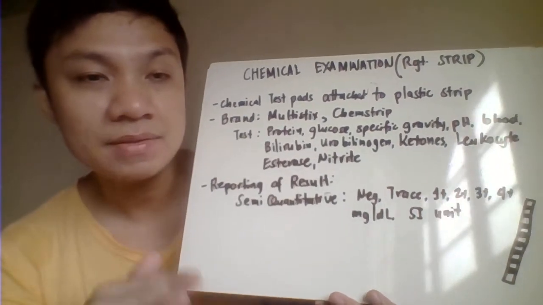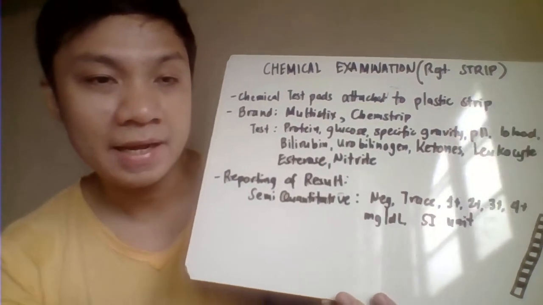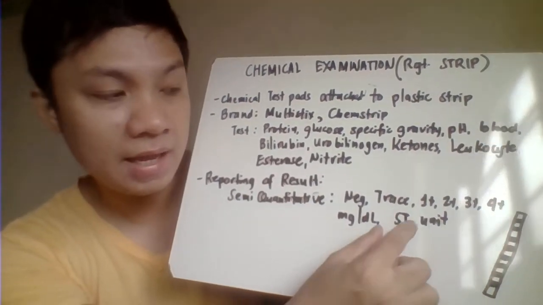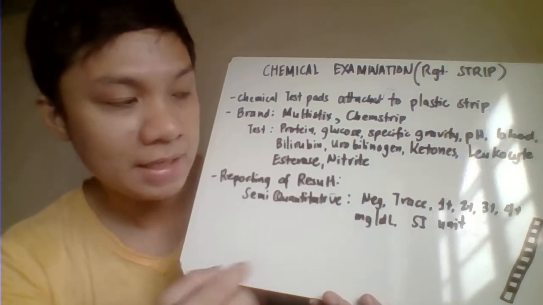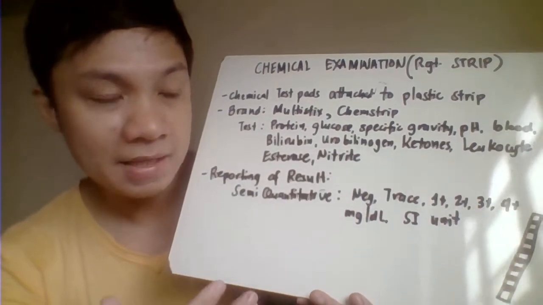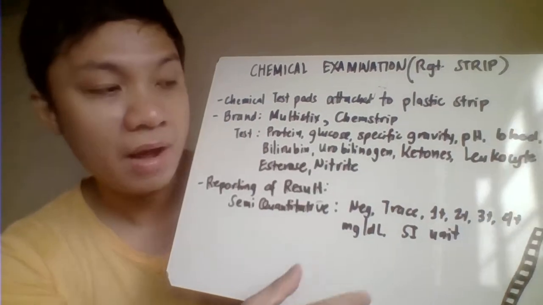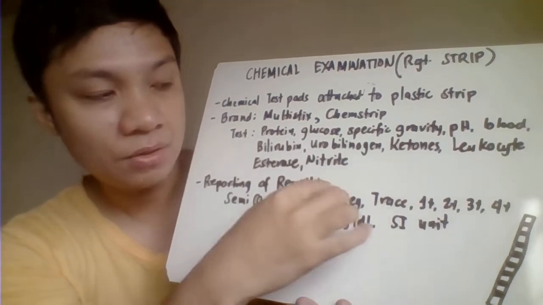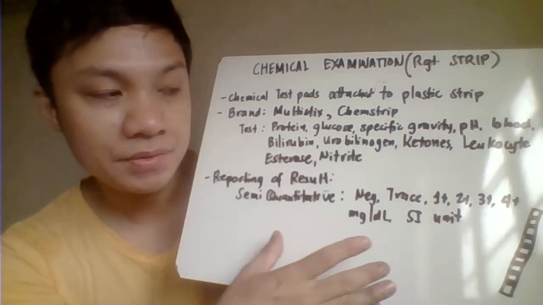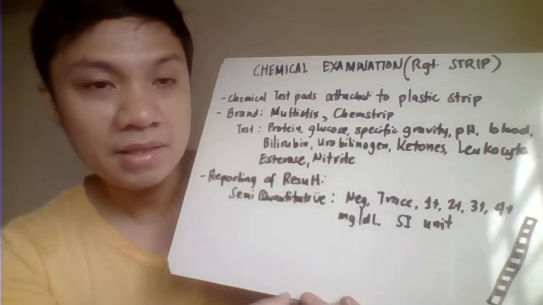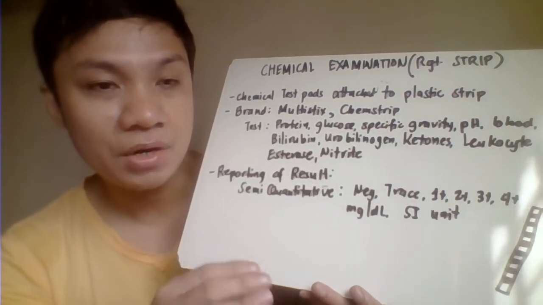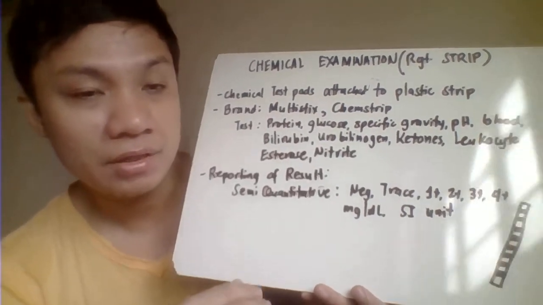However, there are some test areas where specific quantities are indicated in mg per dL, and others present it in SI units. But then again, there are only selective test pad areas with that way of reporting. So most likely, we report the result by comparing the color change with the manufacturer's color chart for your interpretation.